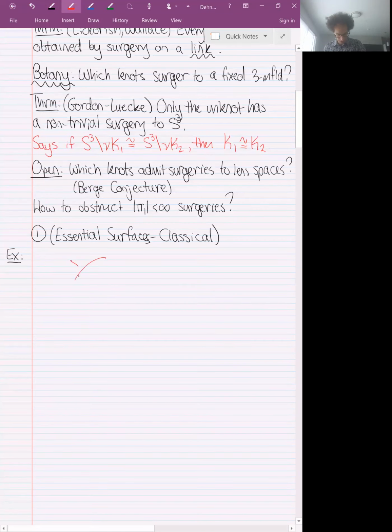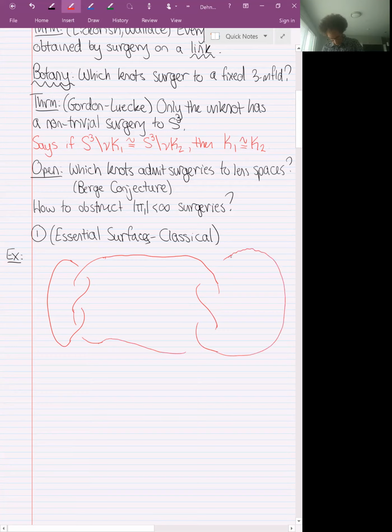So I'm going to start by drawing a knot. I'm going to draw the square knot. You'll notice that it's a connected sum of two different knots, a right-handed trefoil and a left-handed trefoil. And I want to point out a very interesting torus that lives in the exterior of this knot. This is called the swallow-follow torus, and it looks like this.